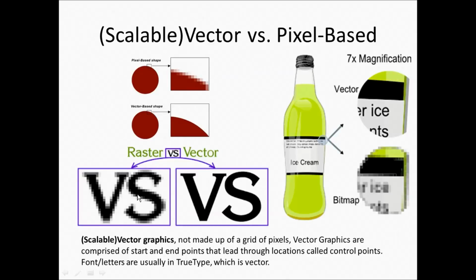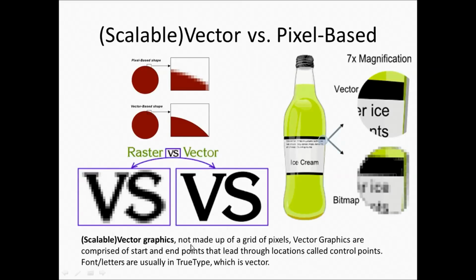On the left we have a raster-based image, and you can see all the pixels. Then a vector-based image is sort of point-to-point. It's a much different representation. If you zoom into a vector image, you can see how smooth it is. Bitmap, not as smooth.